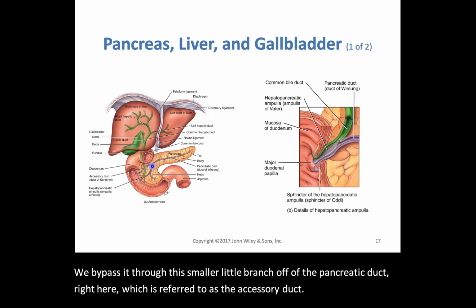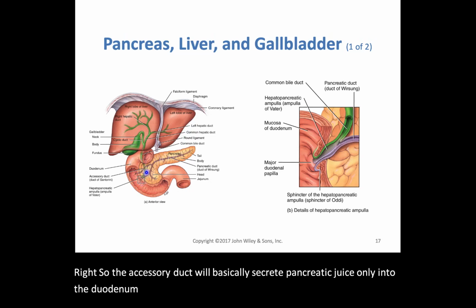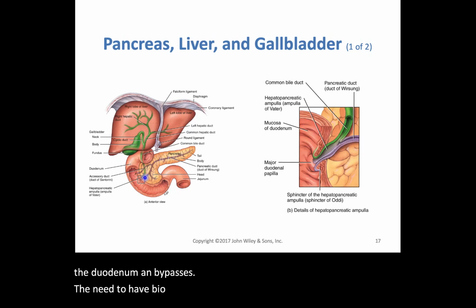Right, so the accessory duct will basically secrete pancreatic juice only into the duodenum and bypasses the need to have bile mixed into the duodenum. And so that is there as well.